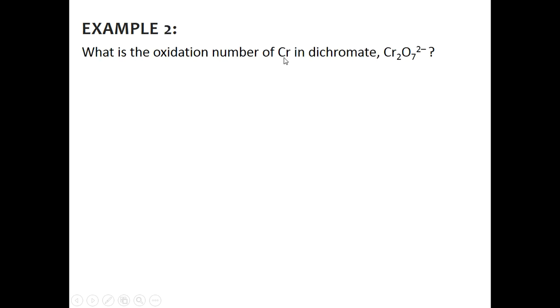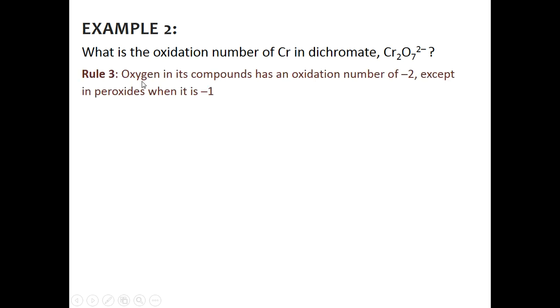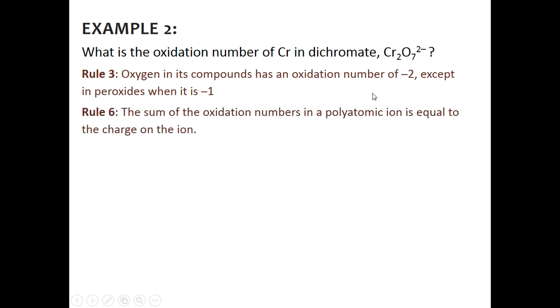Let's look at example 2. What is the oxidation number of chromium in dichromate? So I use rule number 3 because I've got oxygen present in the species, and I use rule number 6 because I've got a polyatomic ion. So all the oxidation numbers must add up to -2. So 2x, because I've got 2 chromiums, and I've got 7 oxygens, it's all equal to -2.